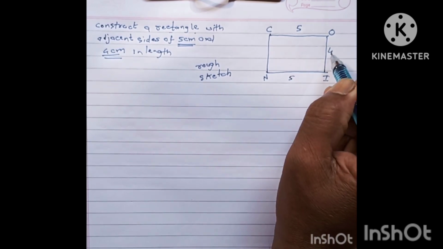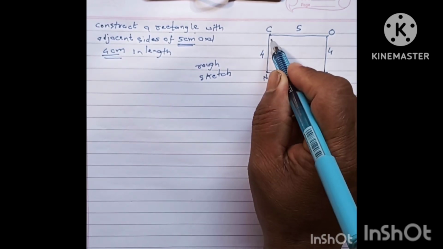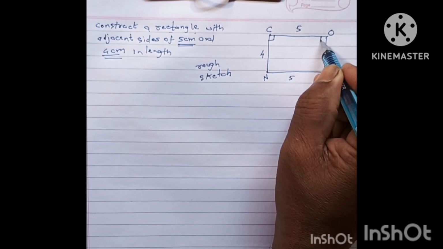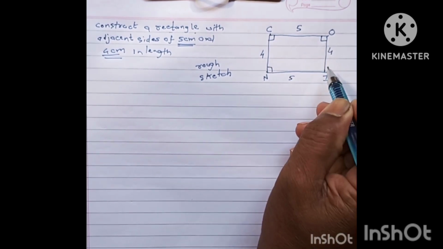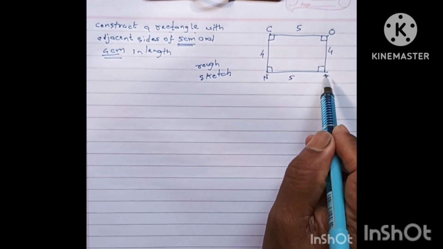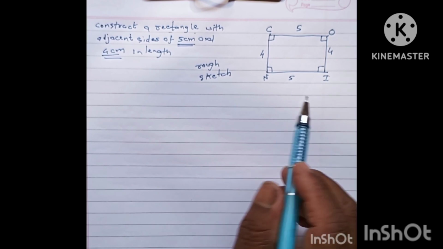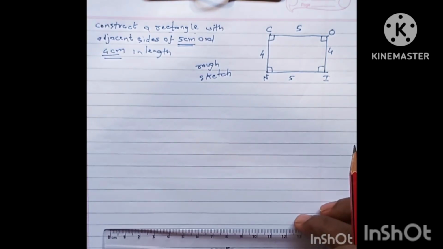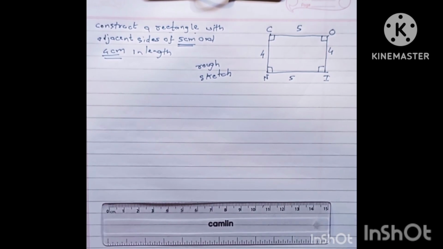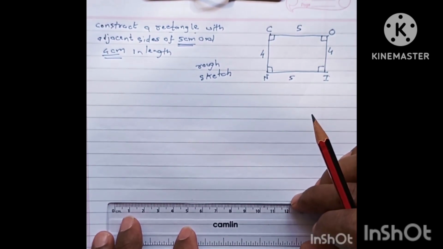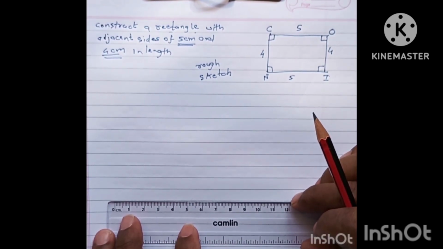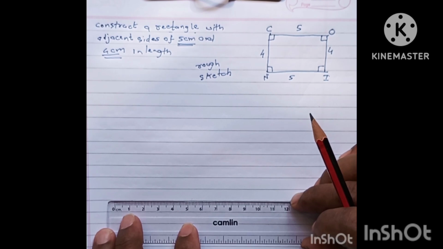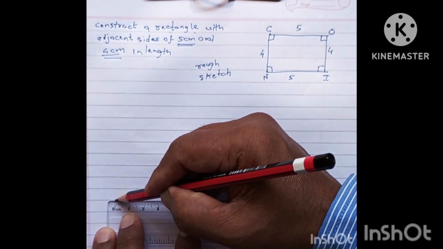Opposite side is 5, this is 4, again opposite side, and all angles are 90. These are the properties of rectangle, which will be useful when drawing. Even though only 2 sides are given, when they say draw a rectangle, they have given you 8 parameters.